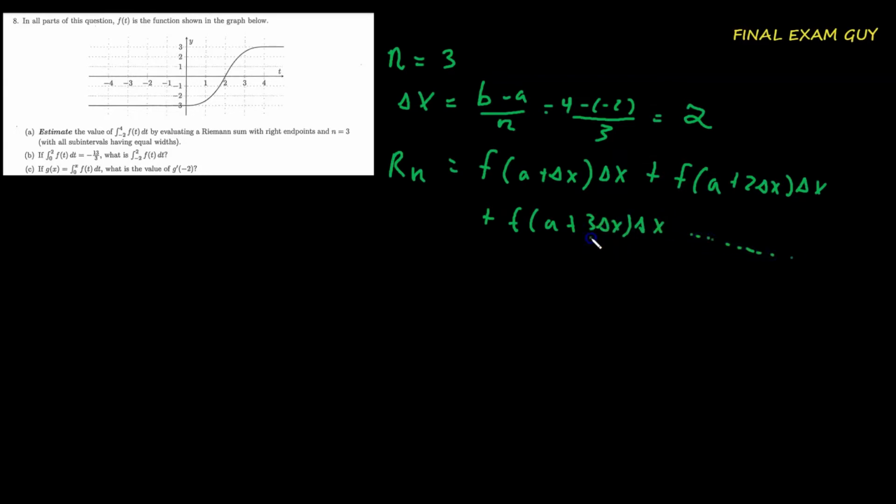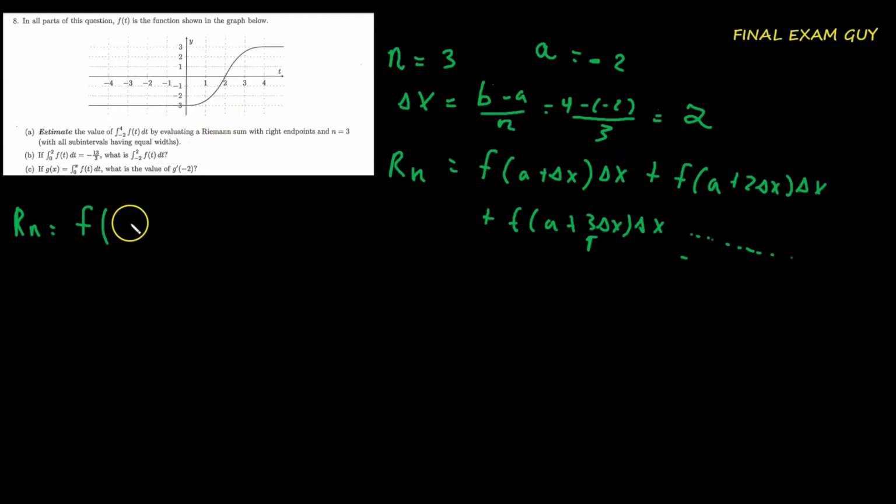We just increase the factor each time until we get up to where we need to. So the Riemann sum with right endpoints for our case would be, so a plus delta x, our a is our bound, so a is equal to -2.